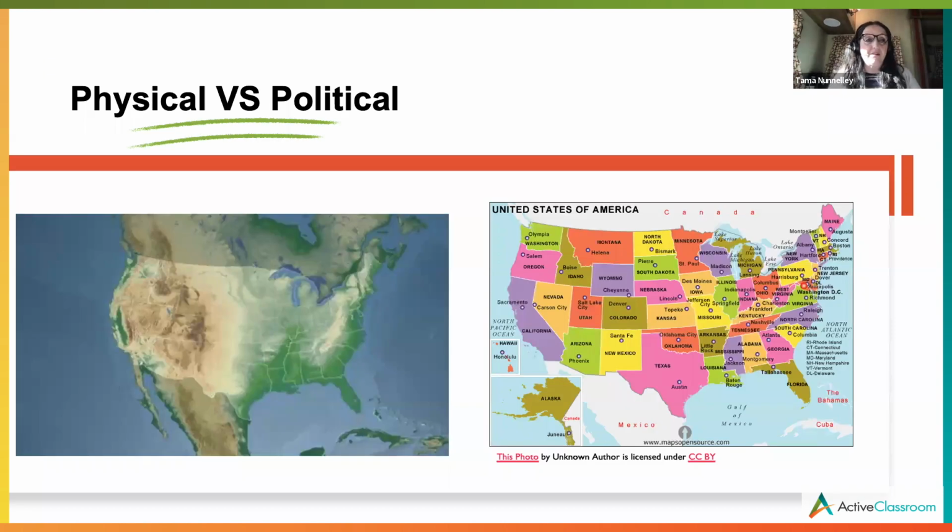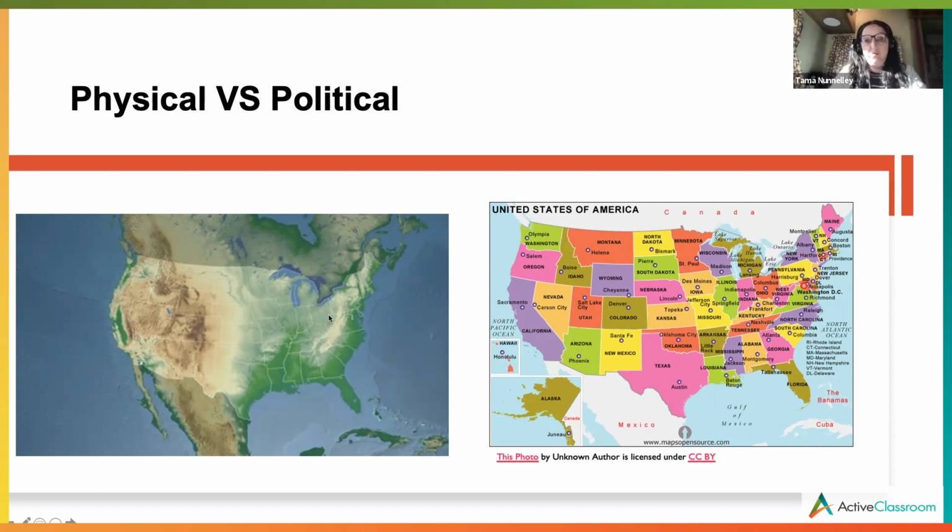With our physical and political maps, kids love these because, of course, when they're little, they think that Mississippi is really purple when it isn't. I know I thought that when I was a kid, and I was really disappointed to find out the states were not really those colors. They do recognize, though, the color that's on that physical map, and they can talk to me after we've studied historical events about understanding why it was so difficult to get to Oregon, especially in the wintertime, and why you would have to wait in Missouri, for example, before you could cross.